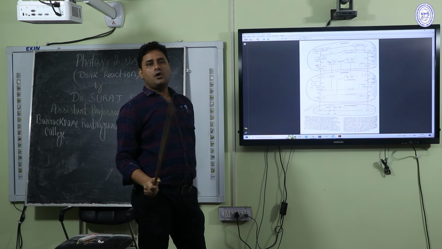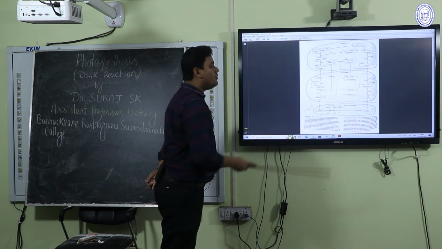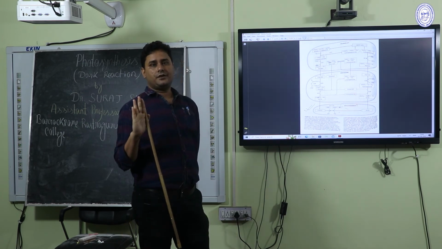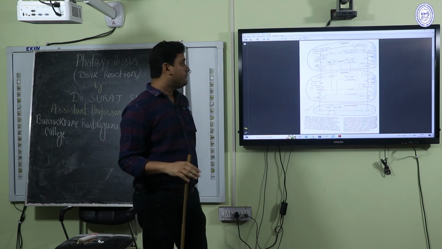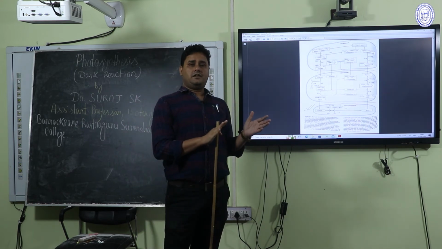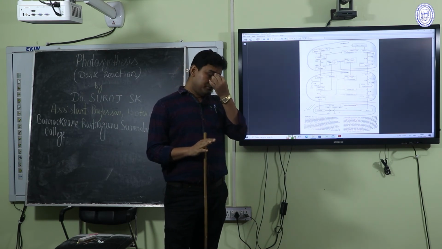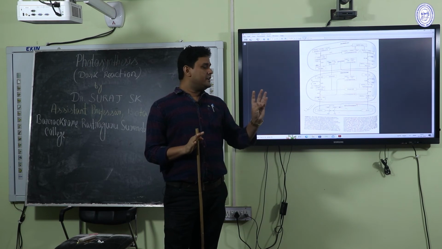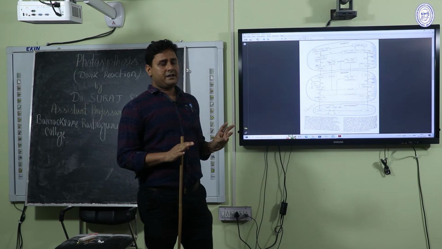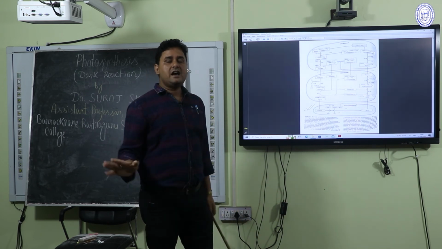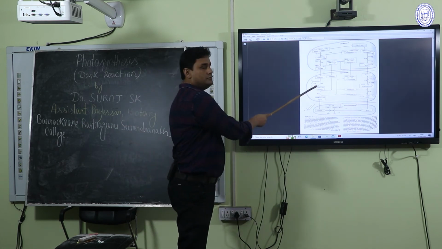Here 2 molecules of H2O2 will be produced. Remember that in the previous CO2 concentration mechanisms, that means C3, C4 or CAM plants, neither will produce H2O2.